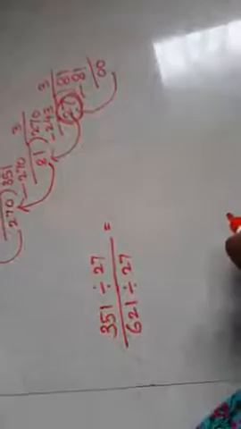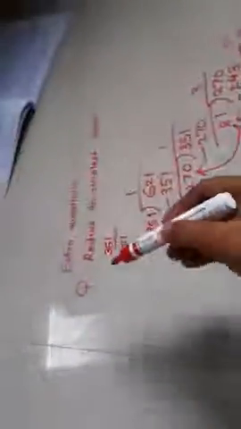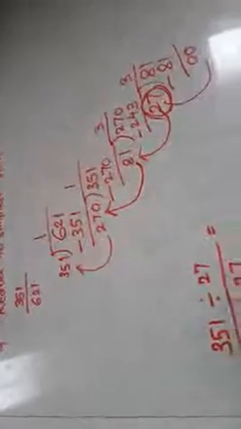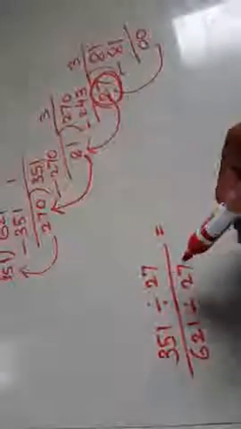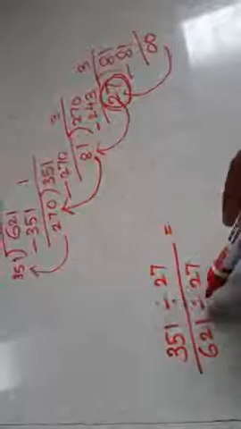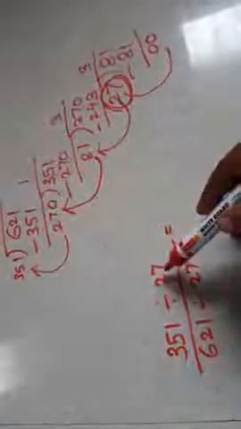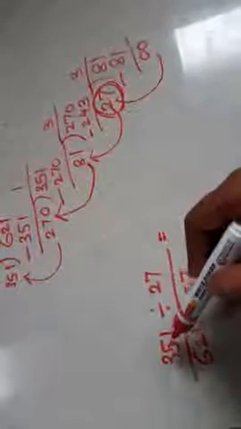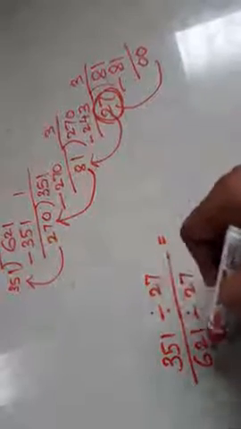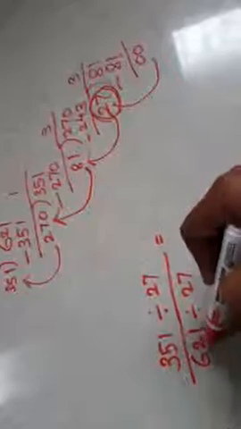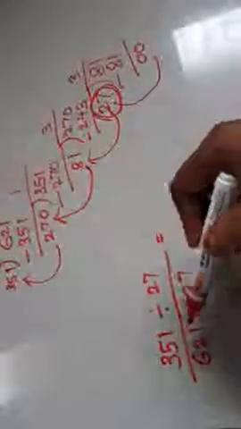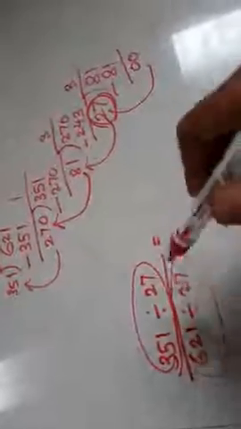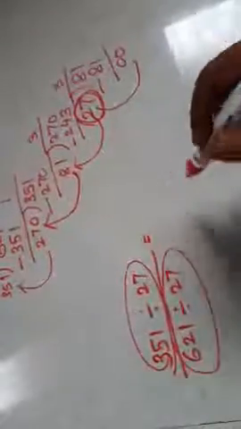Now in order to reduce this ratio to simplest form, we will divide numerator and denominator by the HCF, which we got as 27. So 351 divided by 27, and the denominator 621 will also be divided by 27. So separately carry out these operations. 351 divided by 27.